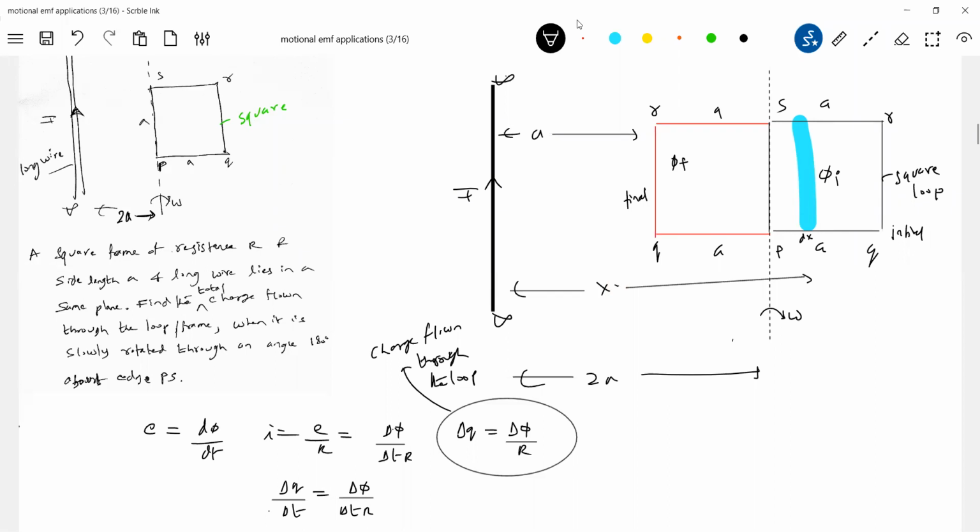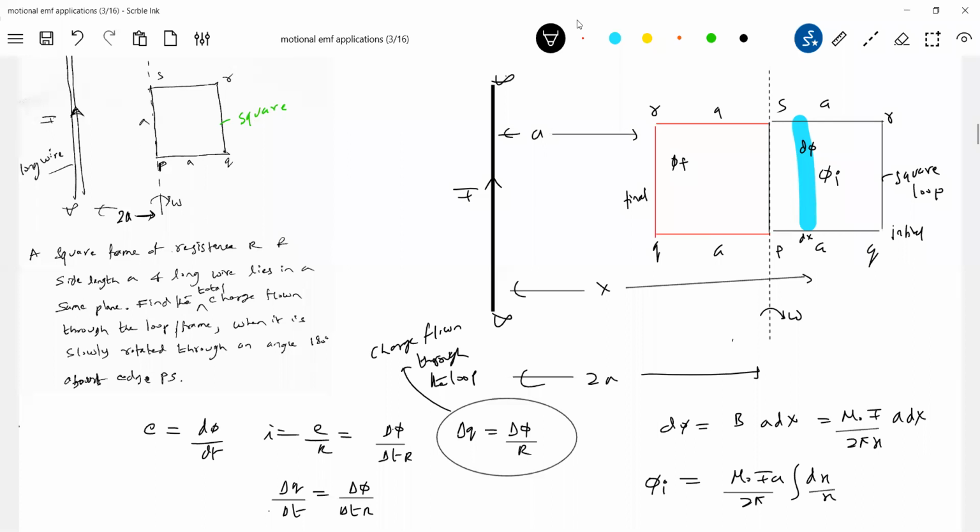Now what is the flux linking that particular strip? d phi is equal to B into A dx. What is B equal to? Mu naught I by 2 pi x, A into dx. This should be equal to mu naught I A by 2 pi, dx by x. So let me call this the initial flux.